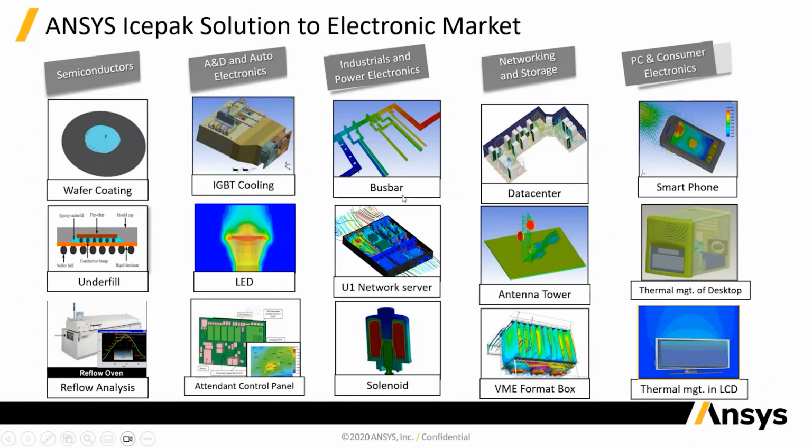Industrial and power electronics, it is used for bus bars, servers, solenoids. On the networking side, it can be used for data centers, antennas, towers, format boxes, and also in consumer goods like smartphones, desktops, LCDs. So there are a range of applications where Icepak can be used, from package level to the server room level. So it can handle a lot of length scales easily.